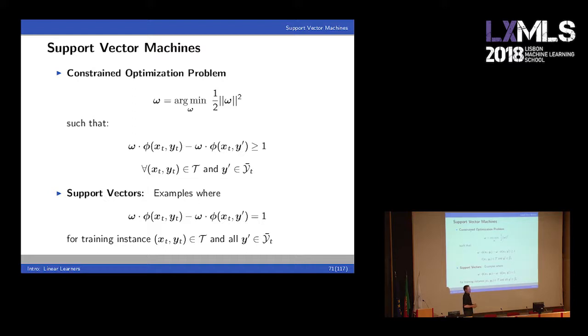Another view is we can look at this term here, which, as we just saw, expresses maximization of the margin. It doesn't look like it, but that's what it is. Minimization of the norm of the weight vector is the same as maximization of the margin. We can look at this term as a regularization term. We will talk about this also.